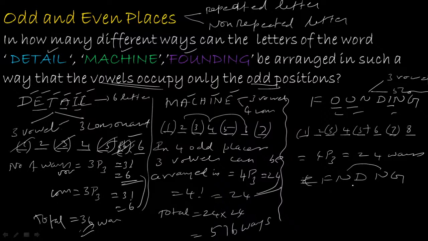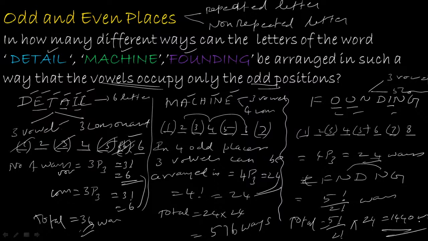Here N repeats 2 times. So the 5 consonants can be arranged in 5 factorial divided by 2 factorial ways. So the total number of ways is the product of these two, that is 5 factorial divided by 2 factorial times 24, which gives you 1440 ways after simplifying this.